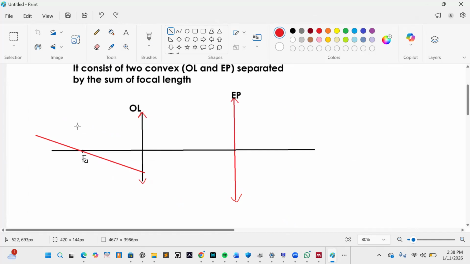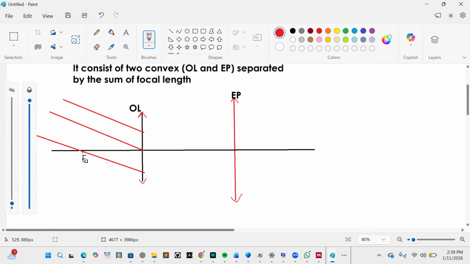They have to be parallel to each other, so you have to be very careful when drawing that. You can see these two rays are parallel. And you could also have a third one if you want, making sure it's as parallel as possible. And then put arrows.